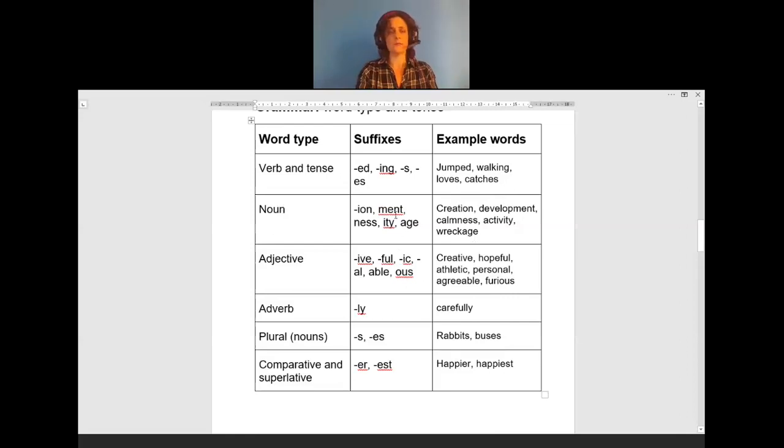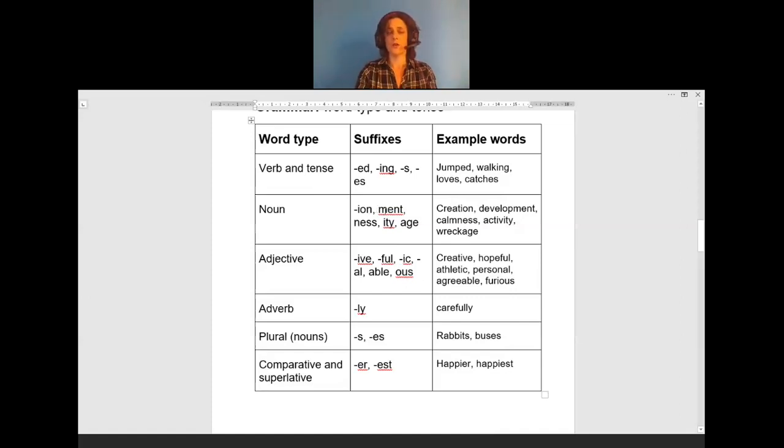So here are some suffixes that go at the end of nouns. So suffixes do tell you the type of word. All of these ones up here, ed, ing, s, and es, go after a verb. But the ones that I'm going to tell you about now all make words into nouns. So the base word may not be a noun, but these turn them into nouns.